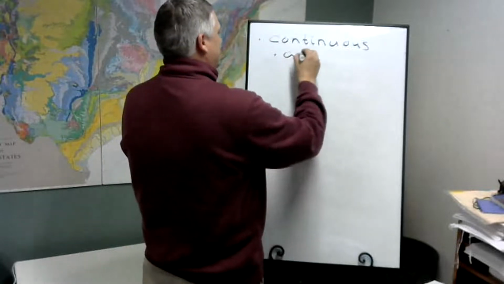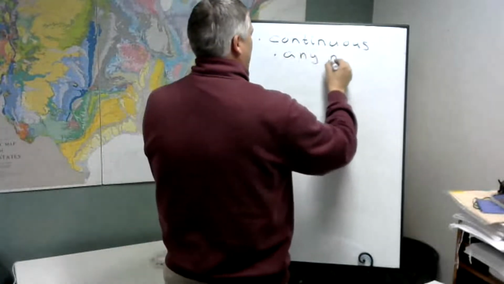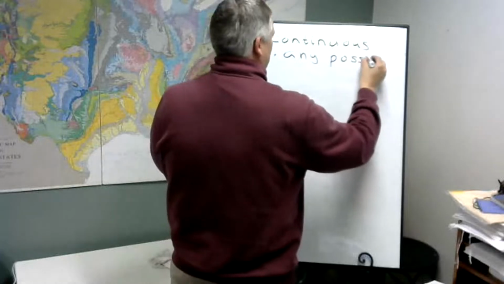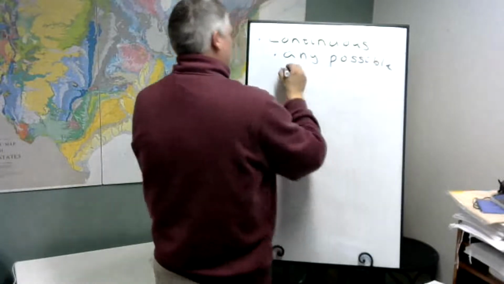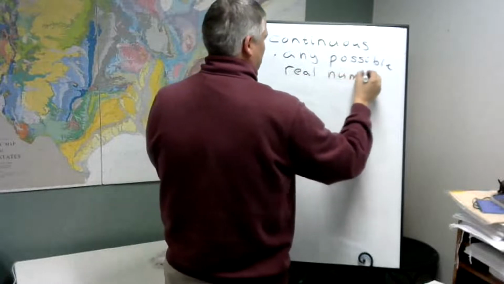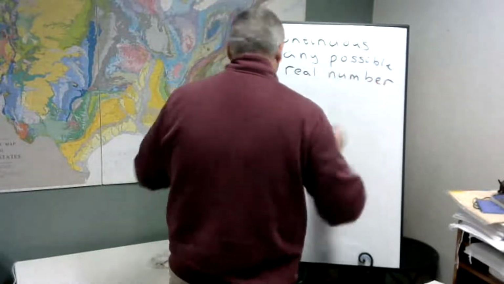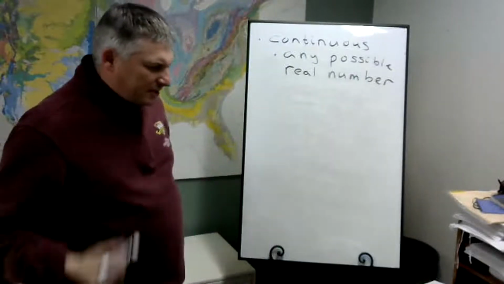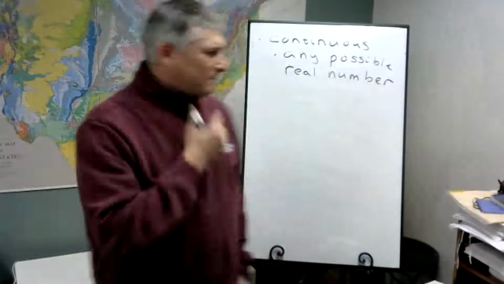This will be any possible real number. And where these continuous numbers come from, again, measuring lengths.